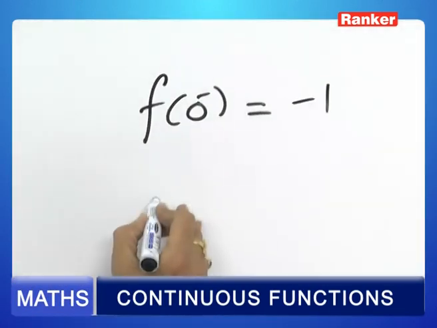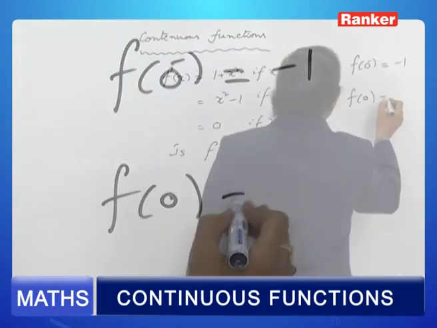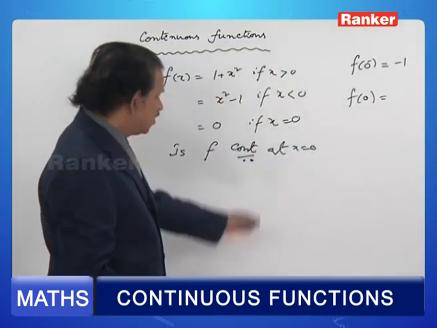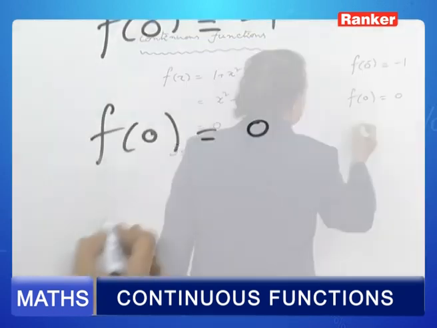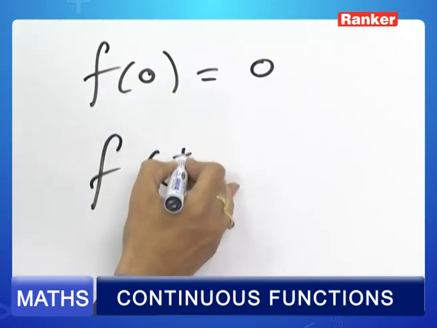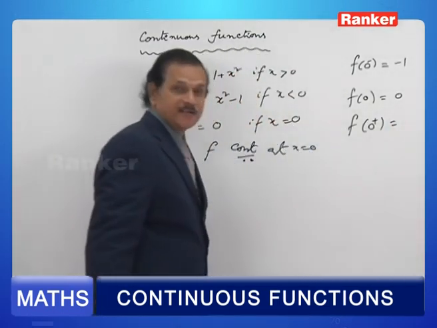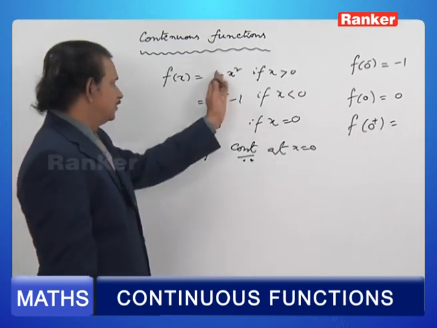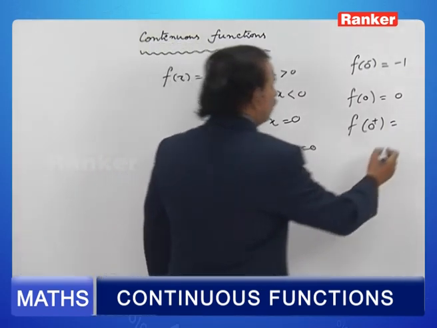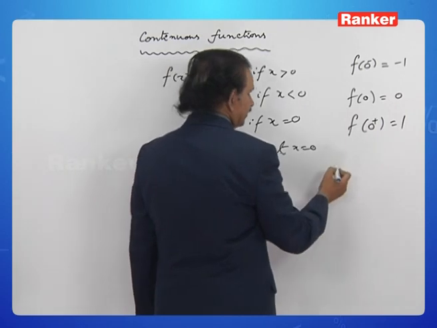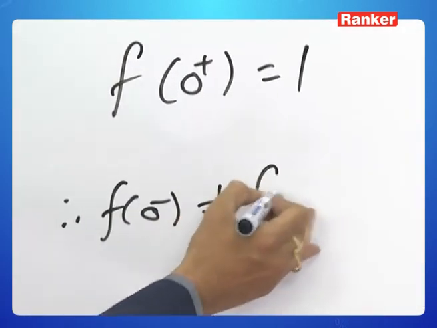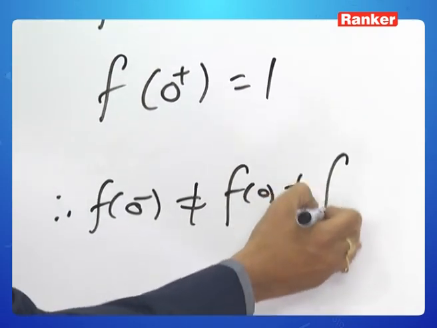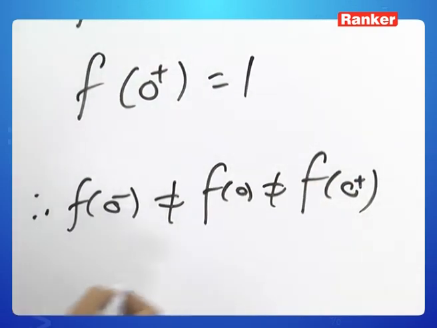Minus 1. Next one, f of 0. Is it defined? Of course. At x equal to 0, it is 0. F of 0 from right, the third one, the right hand side limit, it is 1 plus 0 is 1. What can you say here? Therefore, f of 0 from left is not equal to f of 0, which is not equal to f of 0 from right.